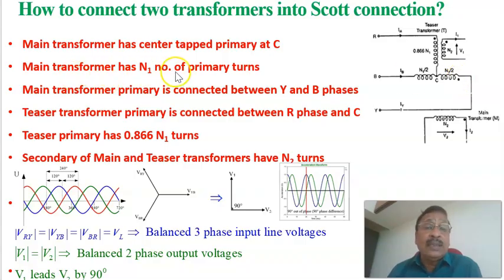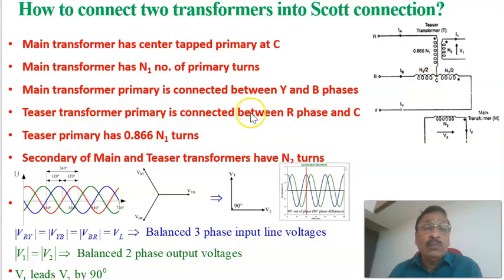The total number of turns on the main transformer primary is equal to N1. The main transformer primary is connected between the phases Y and B, and the teaser transformer is connected between the phase R and the middle point C. Therefore, this is the teaser transformer primary, and this is the main transformer primary.